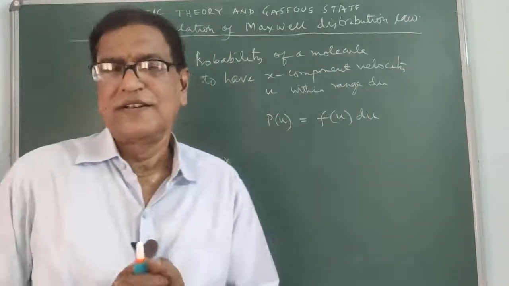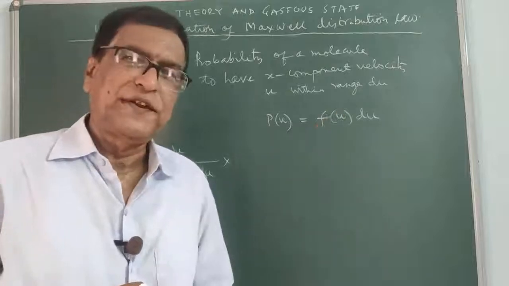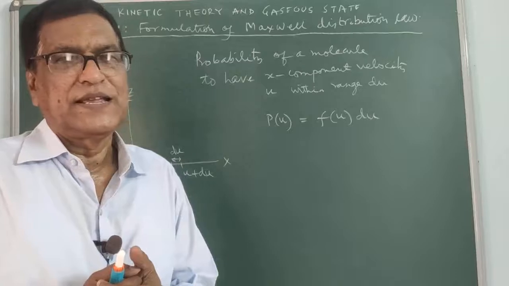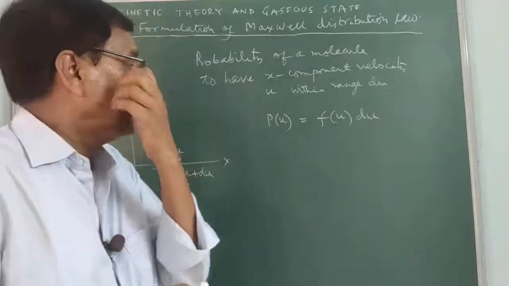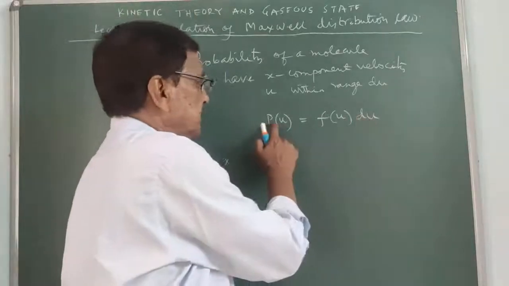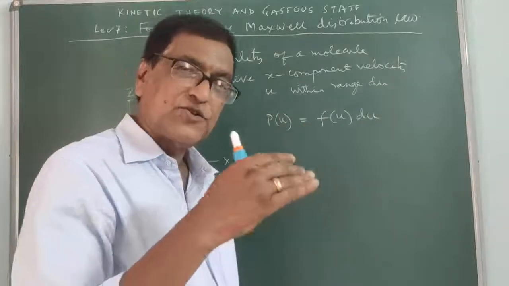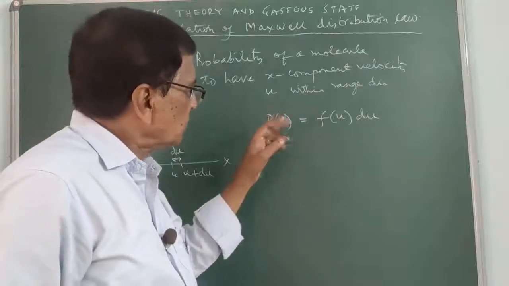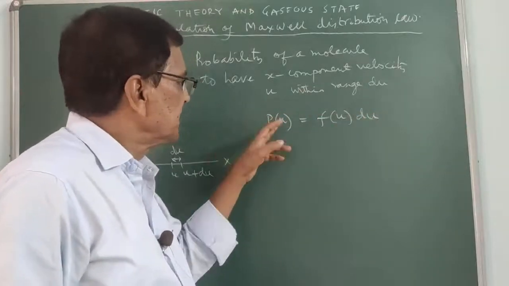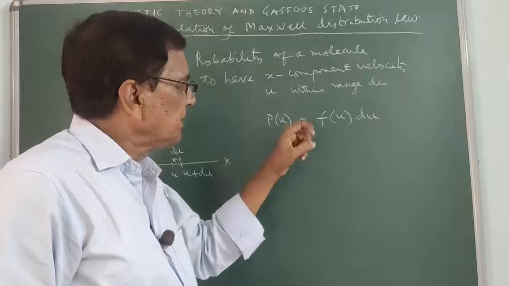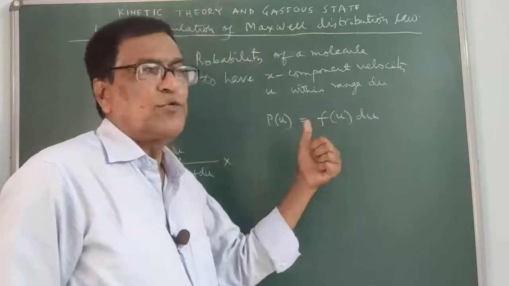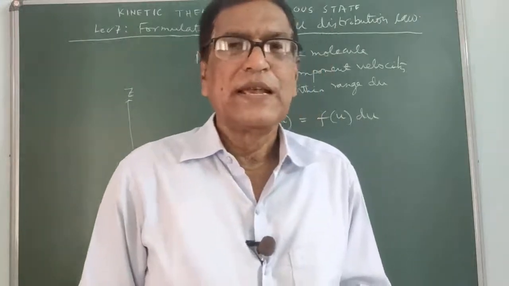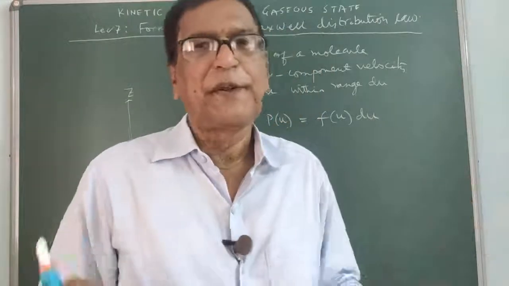The greater the range of this velocity, the greater will be the probability. If the range is increased, then Pu, the probability, is also increased. And not only that, Pu has some function of u, some mathematical expression of u, on which this probability will depend.